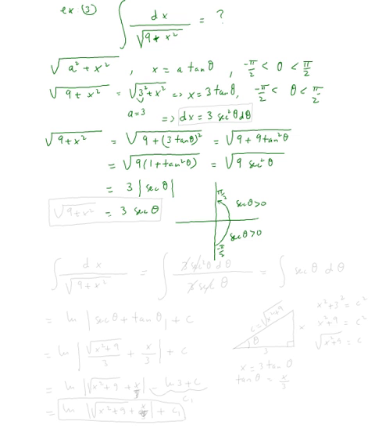Now let's evaluate the integral of dx over square root of 9 plus x squared. The dx is right here, so it's 3 secant squared theta d theta.